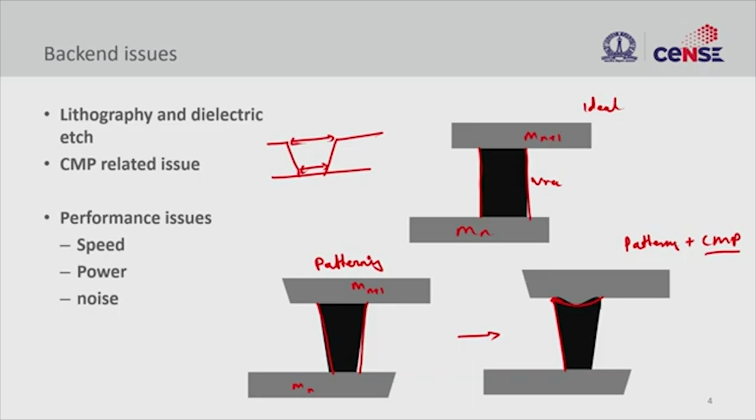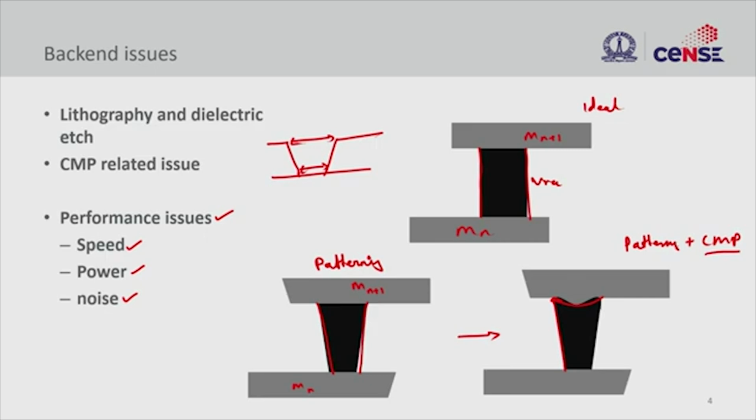So this is all structurally something one can study, but then there is how the performance is going to be affected, the performance in speed. Because your resistance is high, you need to spend more power in transmitting the data, and it will also end up in noise related issues. So it's not just a structural variation, but performance will also be affected.